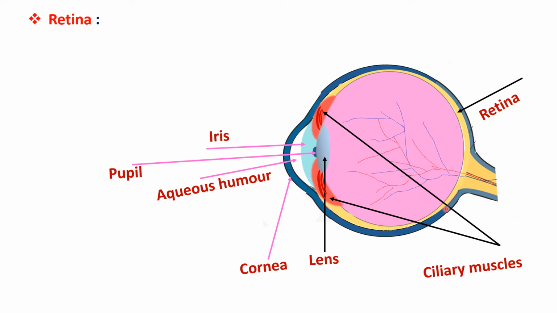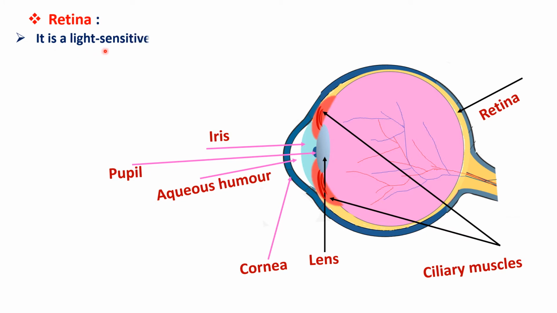It is a light sensitive layer that consists of numerous nerve cells. It converts images formed by the lens into electrical impulses. These electrical impulses are then transmitted to the brain through optic nerves. Here are the optic nerves.